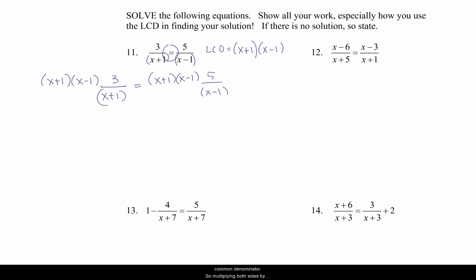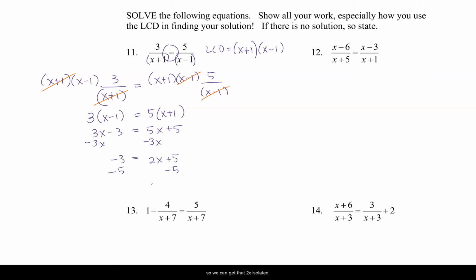So multiplying both sides by the least common denominator, now we can cancel fractions, cancel common factors. X plus 1 in the first on the left side, x minus 1 on the right. 3 times x minus 1 equals 5 times x plus 1. And then we can multiply this out. So let's subtract 3x from both sides, and then subtract 5 so we can get that 2x isolated.